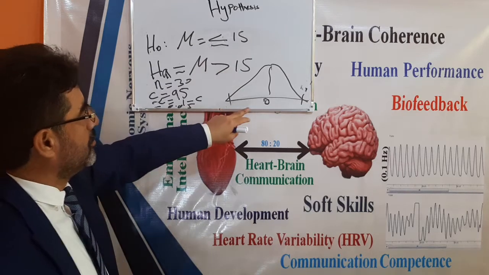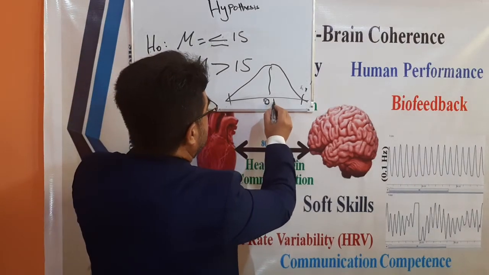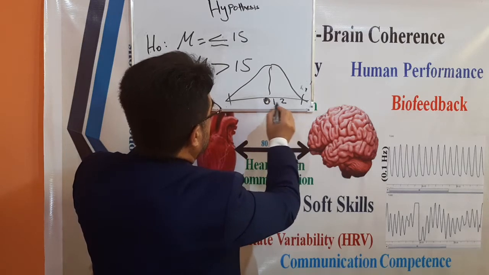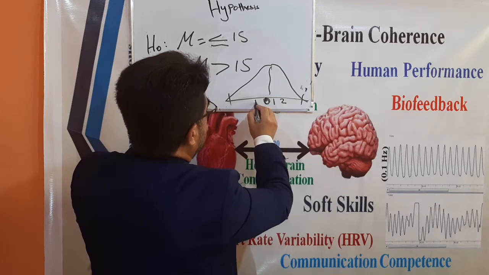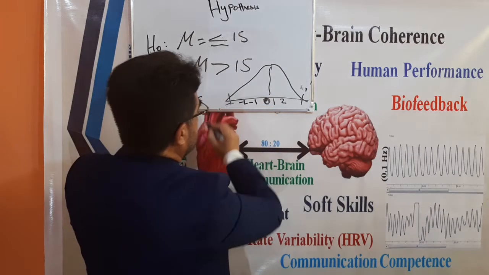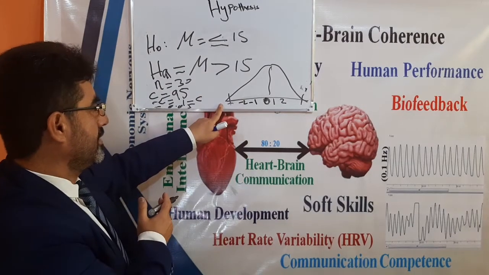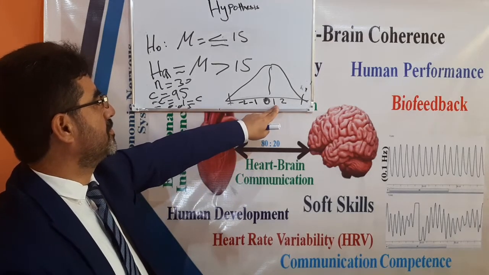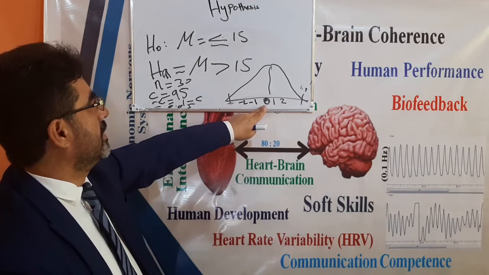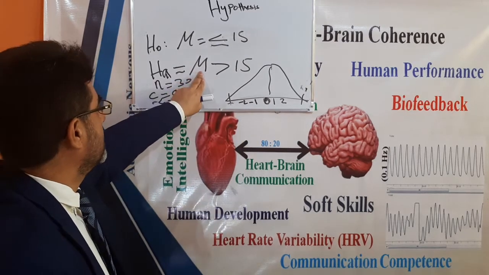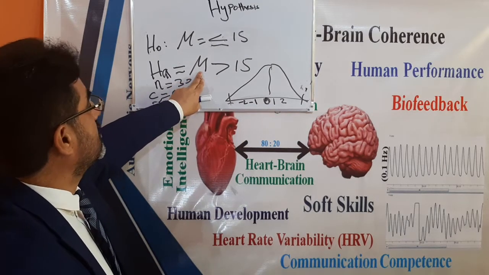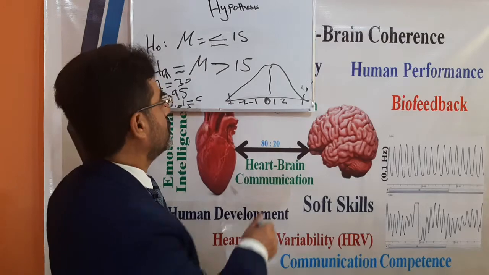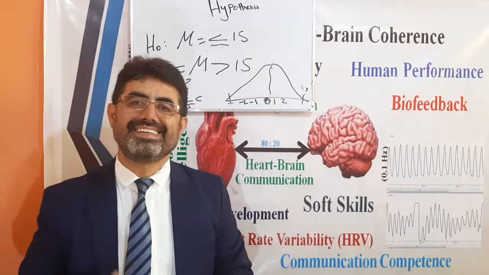When we look at this curve, this is 0 or the average number, this is 1, this is 2, but there is minus 1 and minus 2. As we go to the left side, it's smaller numbers and minus numbers. If we go to the right side, it is the higher numbers. But when the alternative hypothesis, the hypothesis that challenges the existing hypothesis, focuses on the greaterness of the value, that's why we use the right one-tailed test.